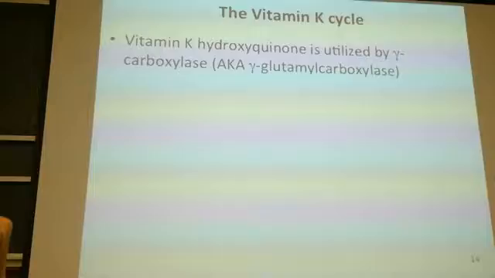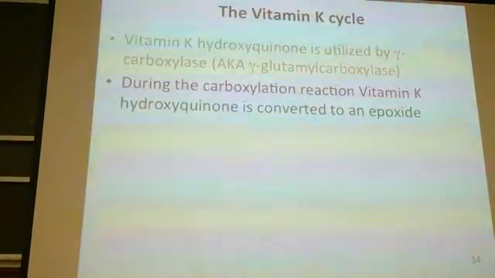Okay, so take-home messages about this vitamin K cycle. Vitamin K hydroxyquinone, the reduced form, is the active form that's utilized by the gamma carboxylase. During the carboxylation reaction, this form is converted into an epoxide, so it couldn't be used again in these reactions.